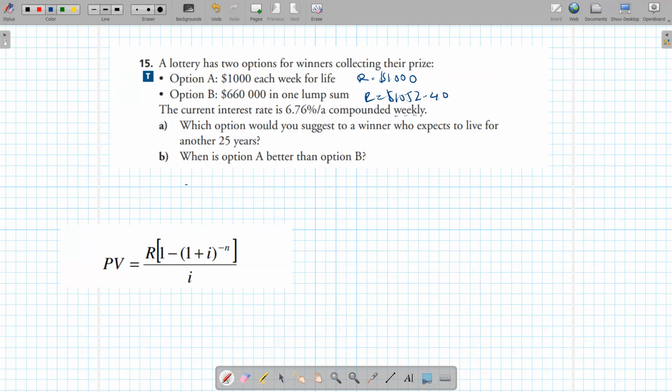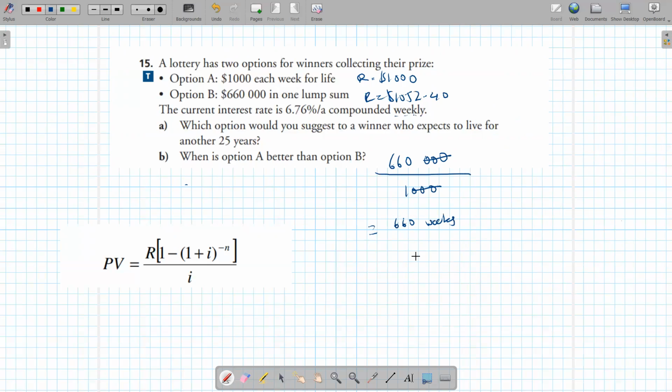How much longer exactly? Let's see how many weeks he needs to survive. So option B is good. This is going to be the break-even point. At 660 weeks, they will break even, okay?